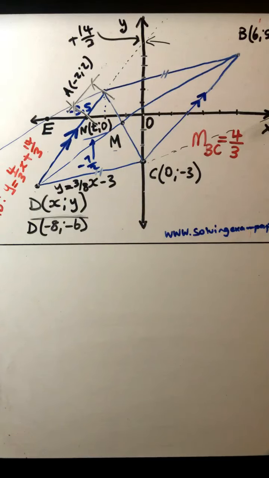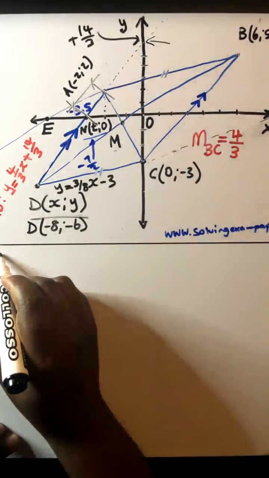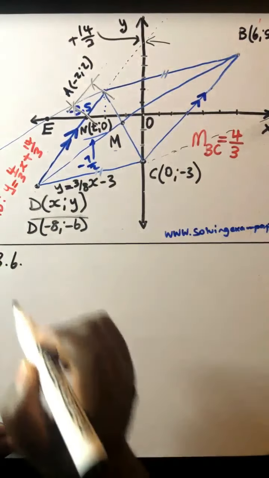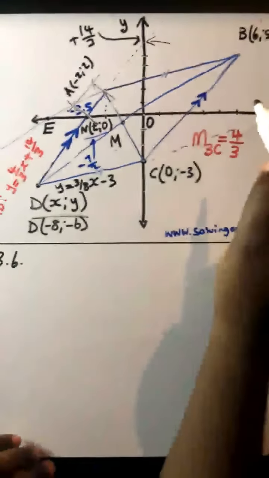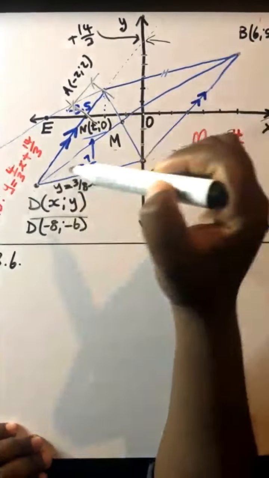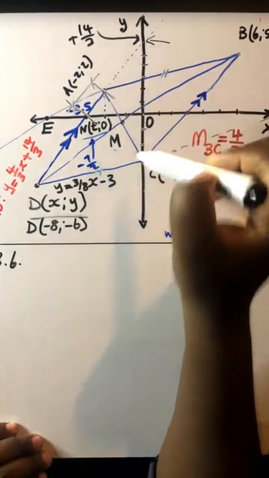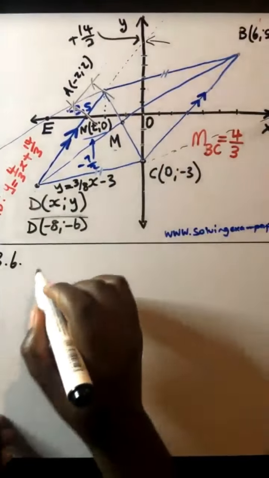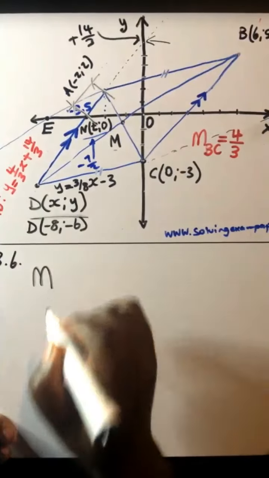And most importantly, in answering this question, we can simply say, to prove it, the midpoint of that line is equal to the midpoint of that line. So remember guys, midpoint formula.